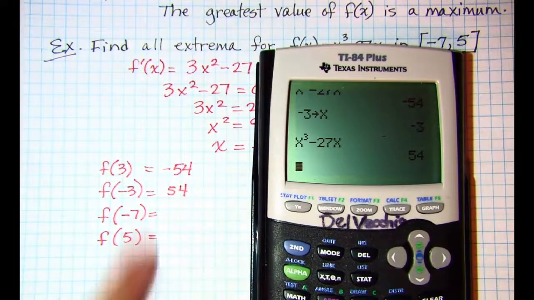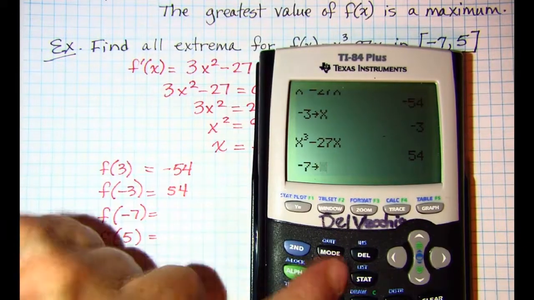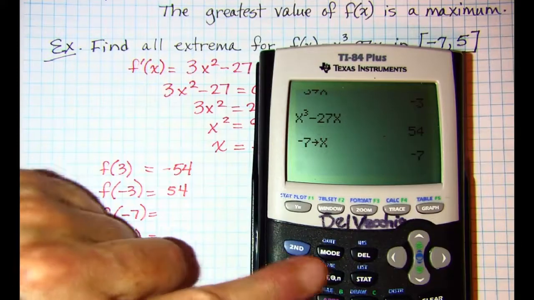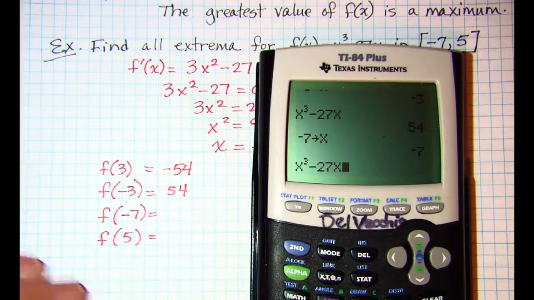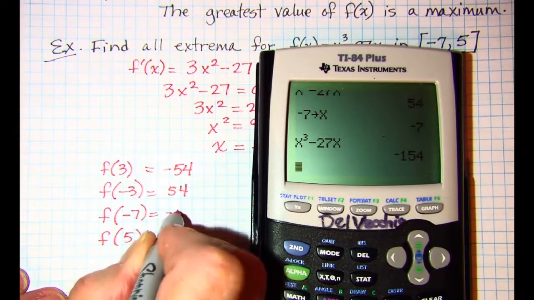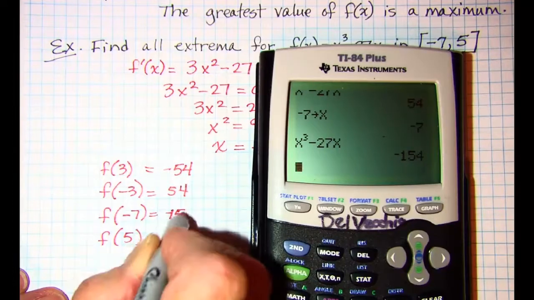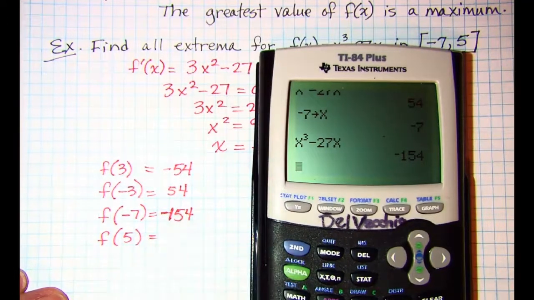Right. Now I need to store -7 in, store x, and then second enter, and enter. So -154.